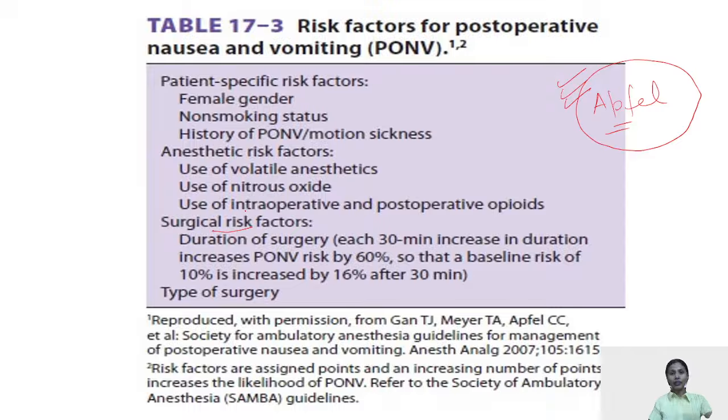So if we have the list of the risk factors, then we can provide the patient with multimodal drug therapy using ondansetron, that is your 5-HT3 antagonist, dexamethasone, steroids, or even prokinetics like metoclopramide can be used.